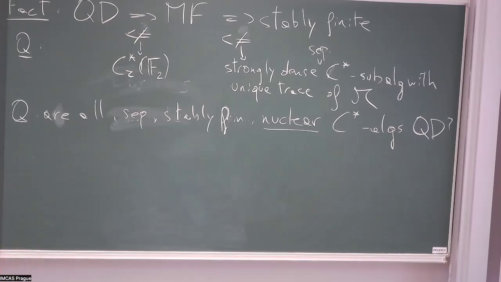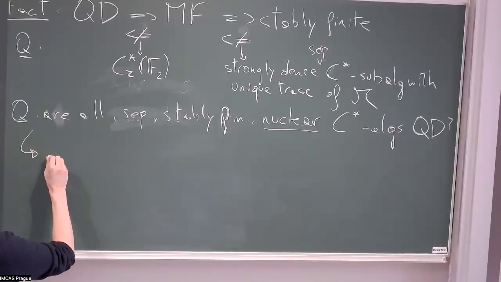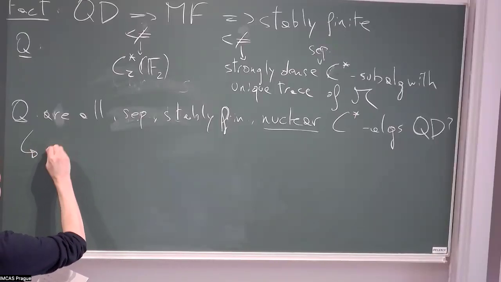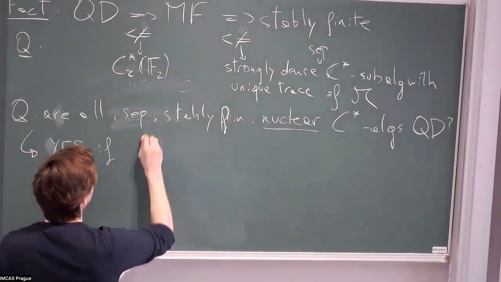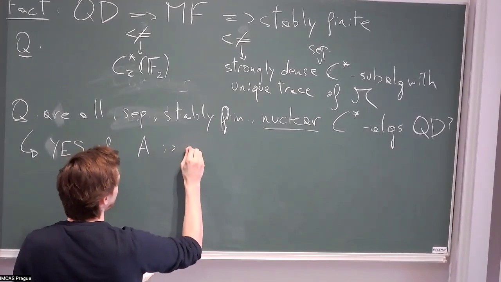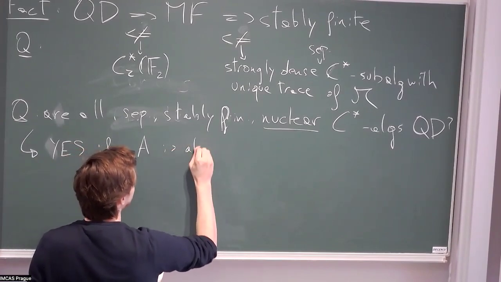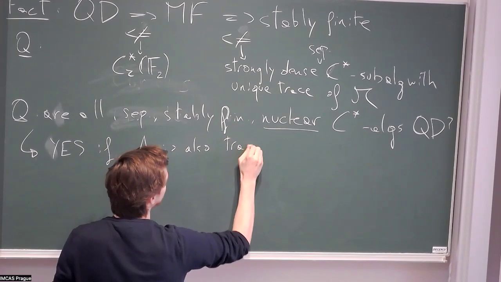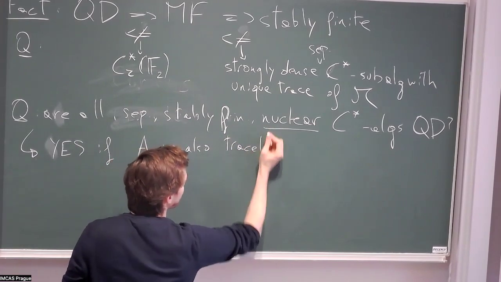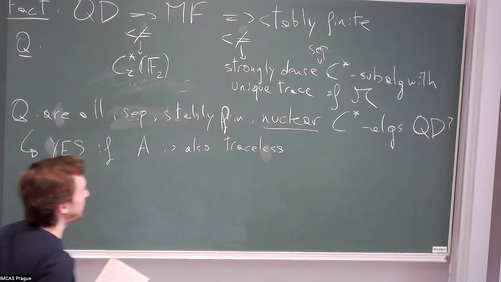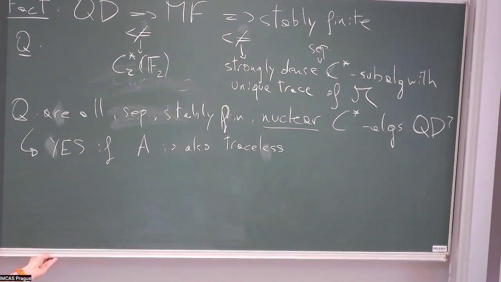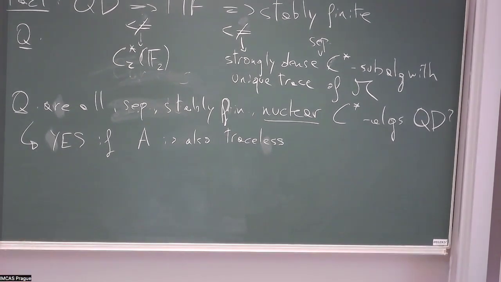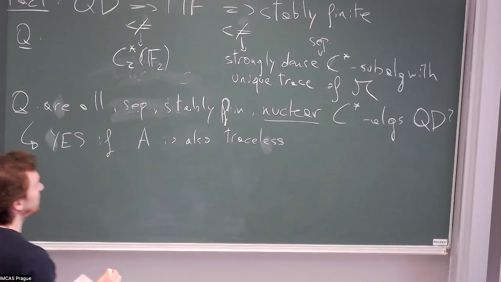and this is still open in general. So there are some results, namely for C*-algebras that are traceless, in the right notion of not having traces, slightly stronger than just saying there are no tracial states. This is a result by James Gabe.